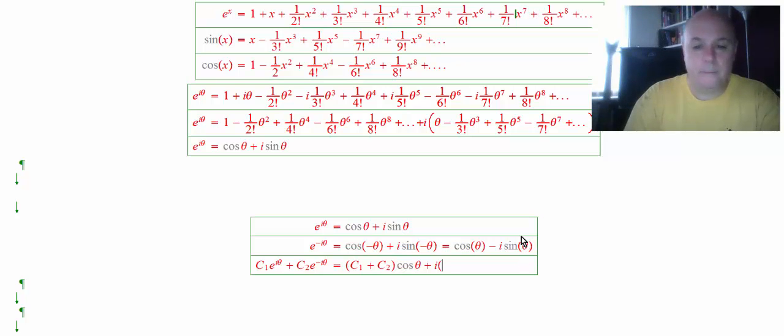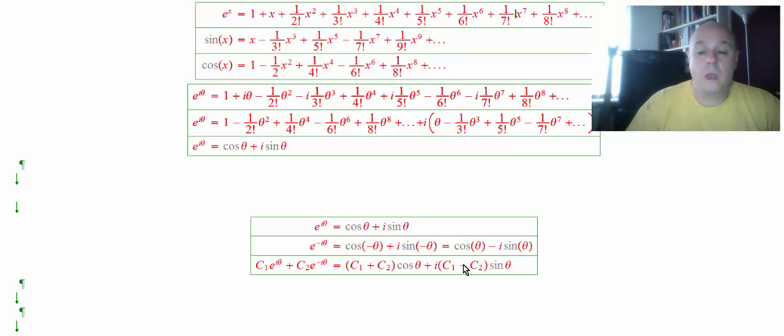Factoring out the i, so there's collecting on my sines and cosines.